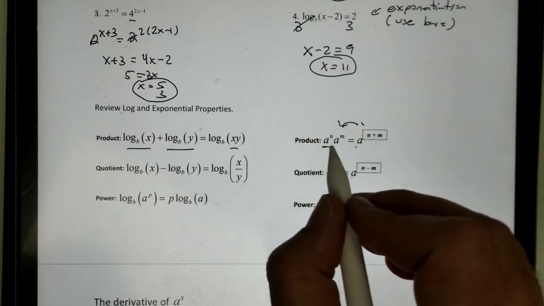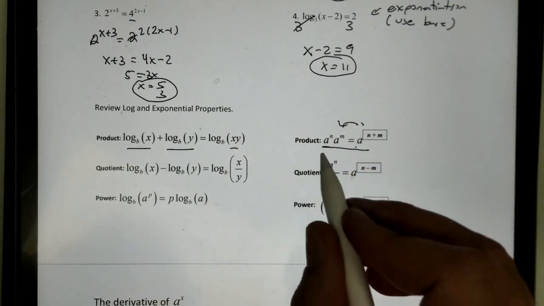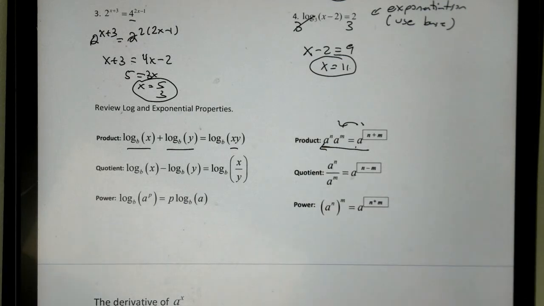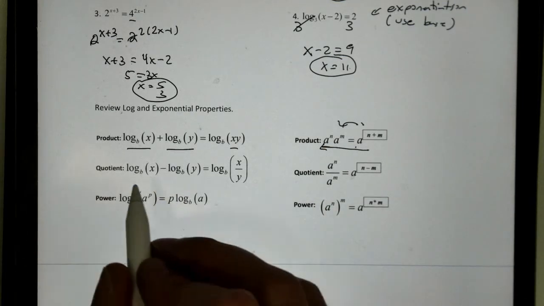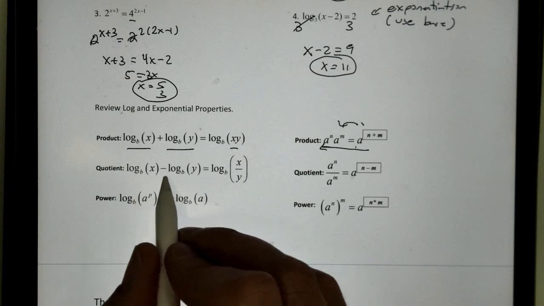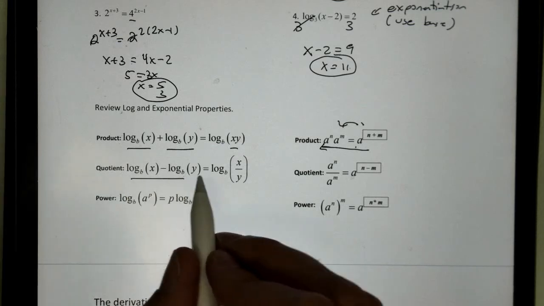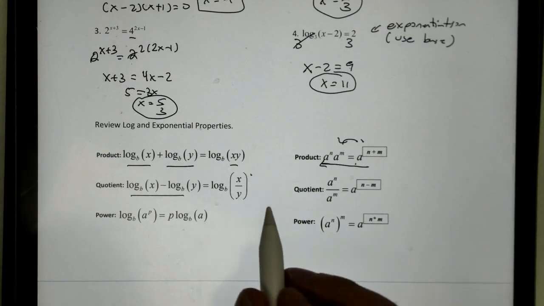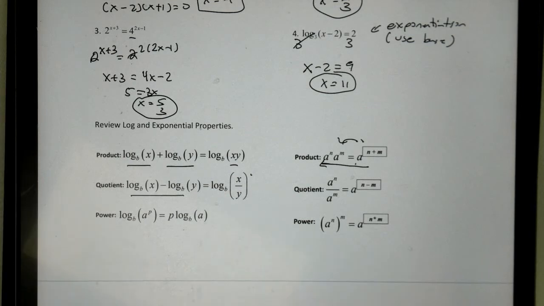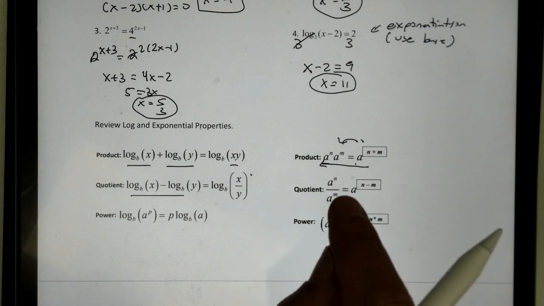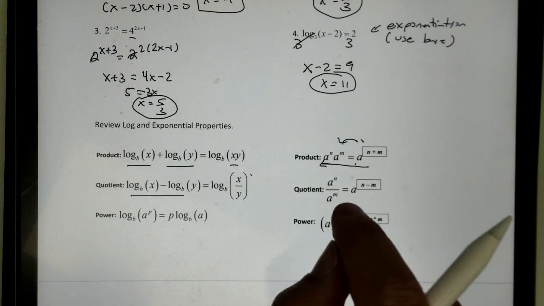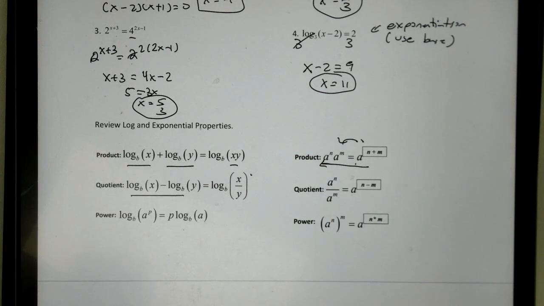By the way, we're going to use this skill quite a bit backwards later on this year, toward the end of the year. Let's see here. Log base b minus log base b. Well, if I'm subtracting, I can divide the numbers there, x and y. Where do we get it from? It comes from our quotient rule with exponents. If I'm dividing, I can subtract the powers.